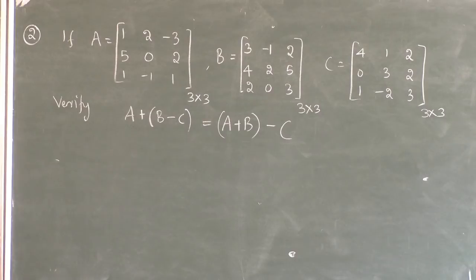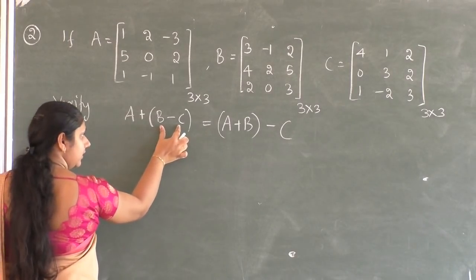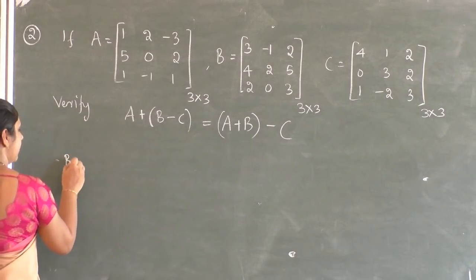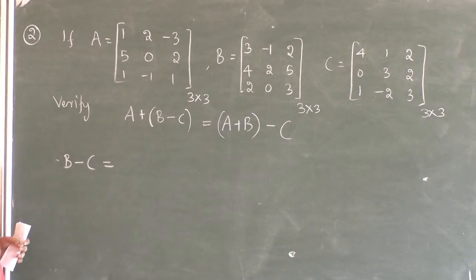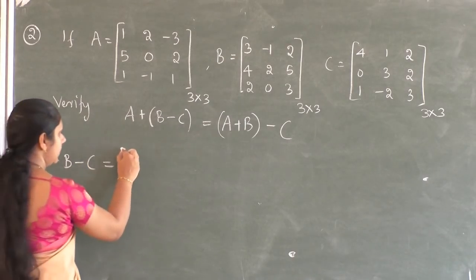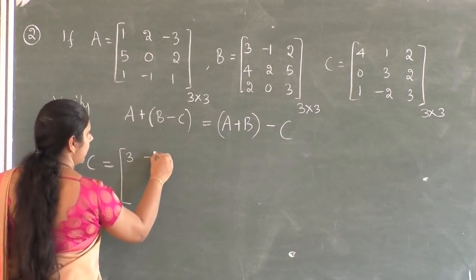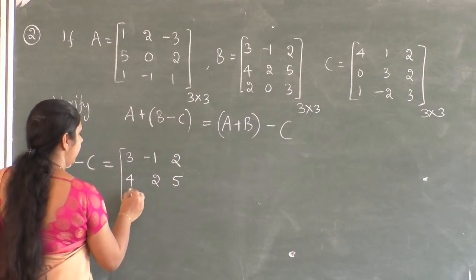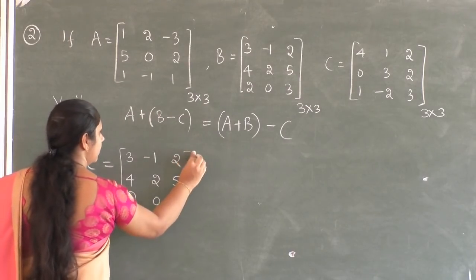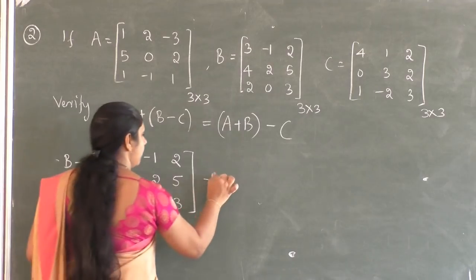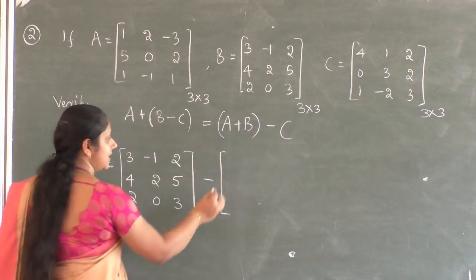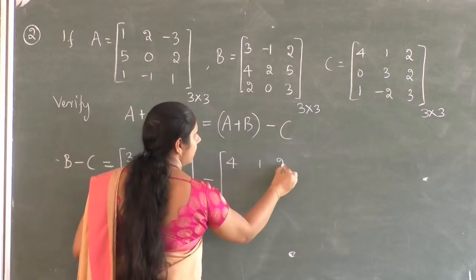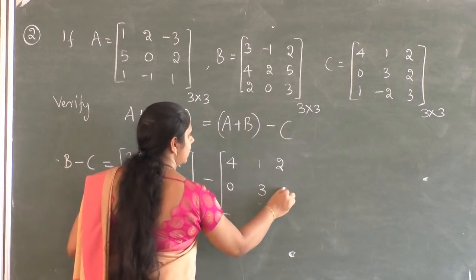Here we have to verify the condition A plus (B minus C) equal to (A plus B) minus C. First we will find this term, that is matrix B minus C. So B is 3, minus 1, 2, 4, 2, 5, 2, 0, 3 minus matrix C, 4, 1, 2, 0, 3, 2, 1, minus 2, 3.